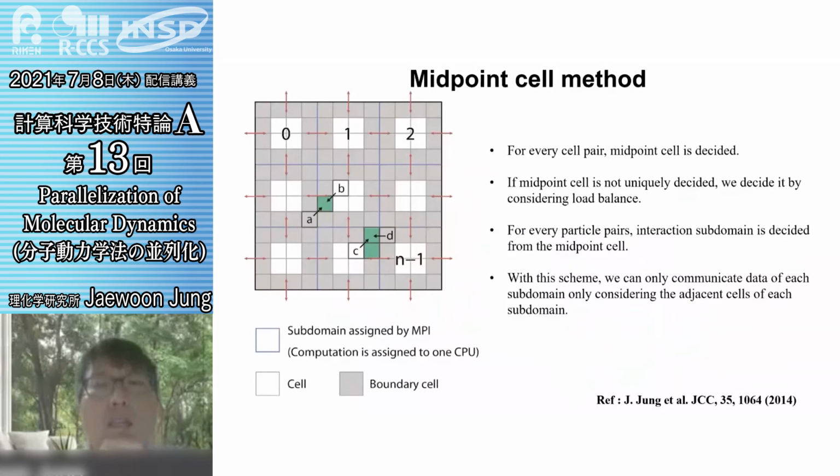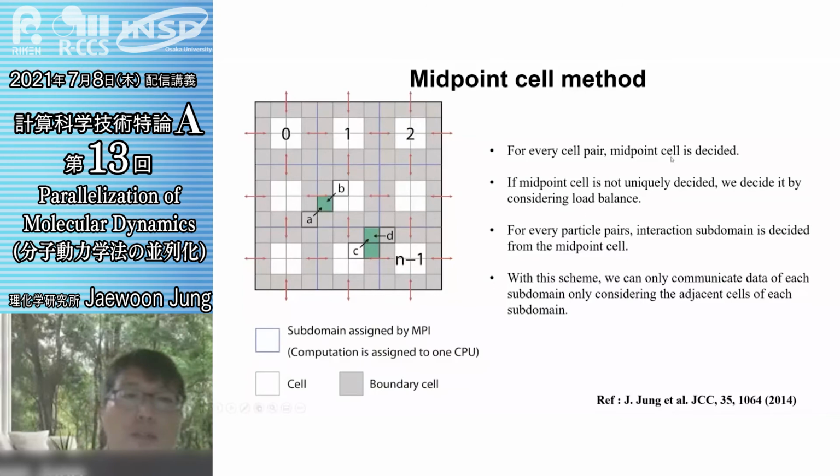Even in domain decomposition, there are many different schemes. Among various schemes, we developed the so-called midpoint cell method. In this case, for the interaction between particle pairs, we define the intersection point as the midpoint cell.